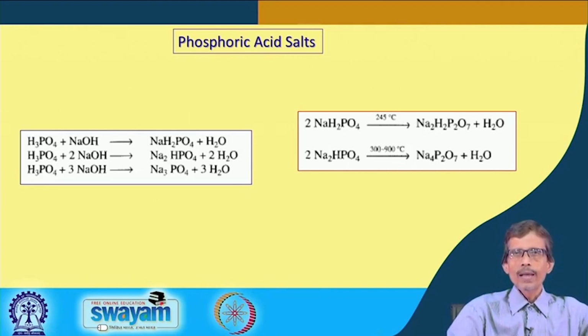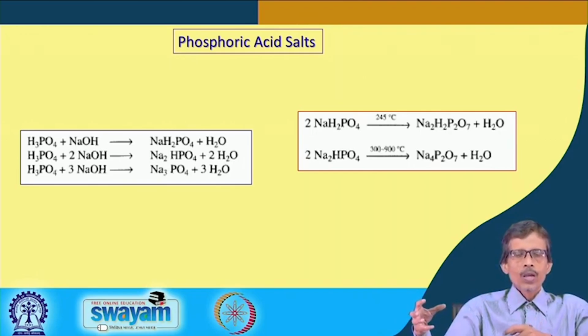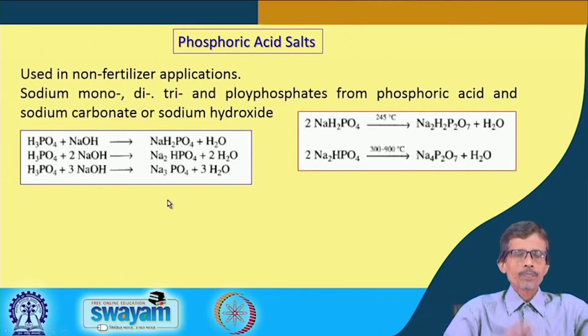So one of the acidic protons will be converted to the corresponding sodium salt, that means OH will be converted to O minus Na. If we convert only one of them, we will get NaH2PO4, monosodium hydrogen phosphate.